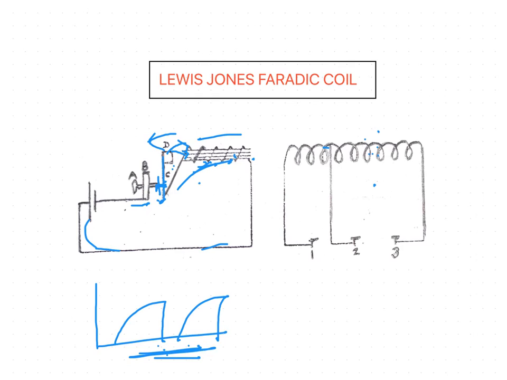How can you regulate the current in such kinds of coils? The secondary coil has 3 terminals, isn't it? For example, if terminals 1 and 3 are connected to the patient, the whole EMF induced in the secondary coil is available.